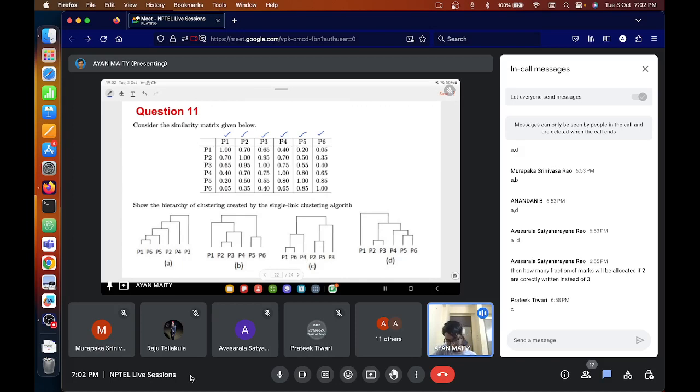If you use the single link hierarchical clustering algorithm, what would be the dendrogram, or hierarchy of clustering, created by this algorithm? This is a similarity matrix, so the higher the value, the more similar the points are.